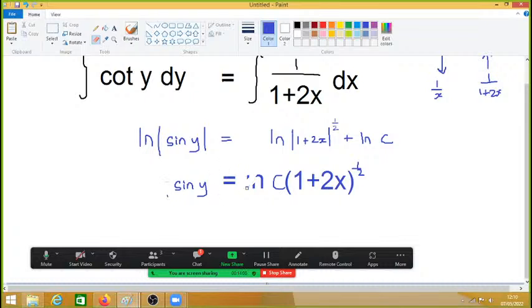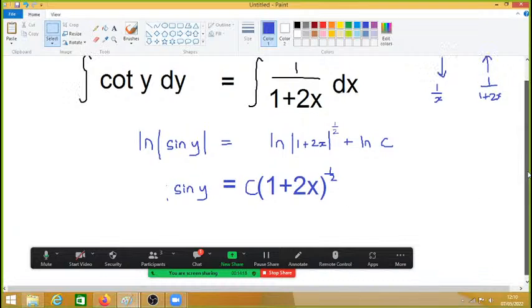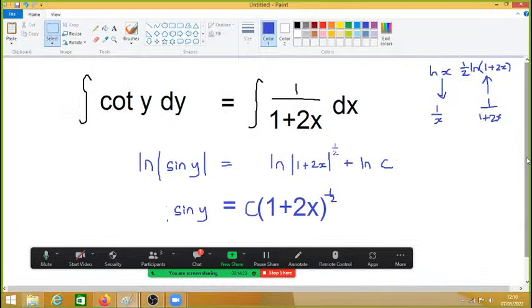You can only do that providing there's only one thing on both sides and there's no numbers or fractions in front of the natural log. So that's what it works out to be. So we have sine y is equal to some constant times 1 plus 2x to the power of a half. And that is how you solve a differential equation using separation of variables.